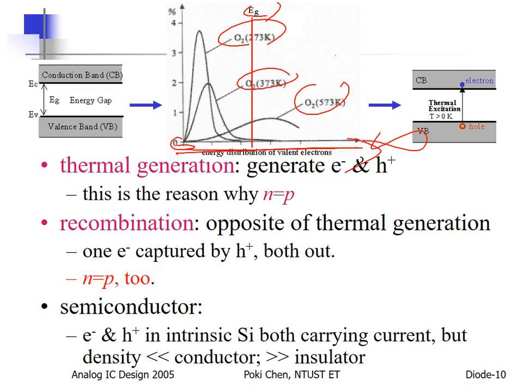But never mind how much temperature it is, there is some percentage here, or for this one there. There are always some valence electrons that get enough energy, I mean more than Eg, the energy gap, to be free, right?